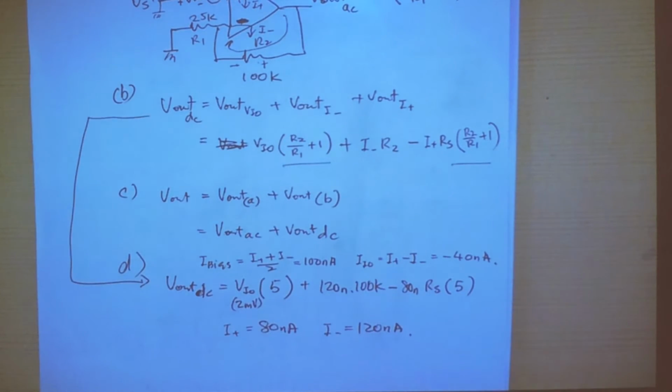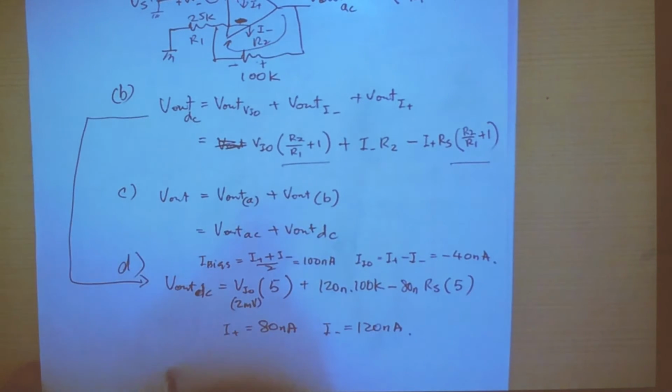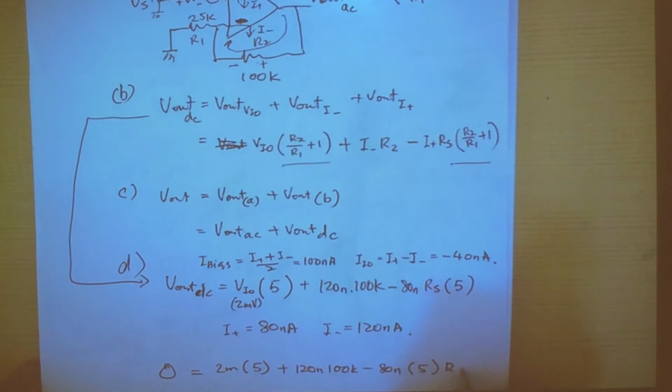And in order to minimize this, we make V out DC equal to 0. The minimum value for V out DC is 0. So we equate 0 is equal to 2 millivolt multiplied by 5 plus 120 nano multiplied by 100K minus 80 nano multiplied by 5 times RS.